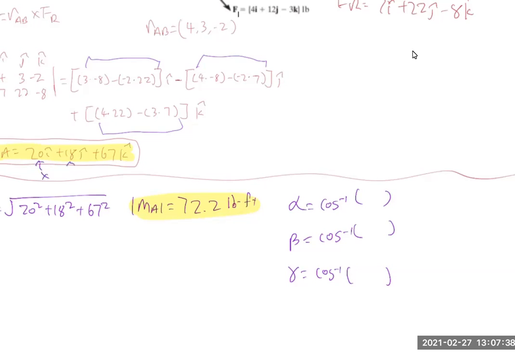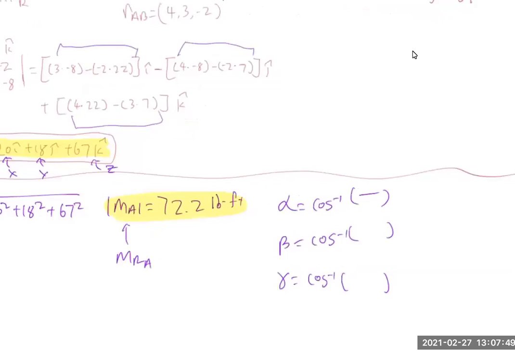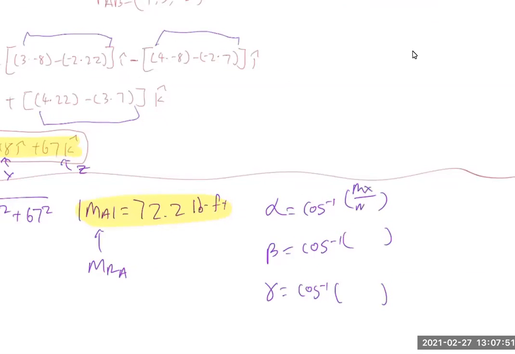This is x, this is y, this is z. And this is the moment resultant MR. So this is MX over MR, MY over MR, MZ over MR.